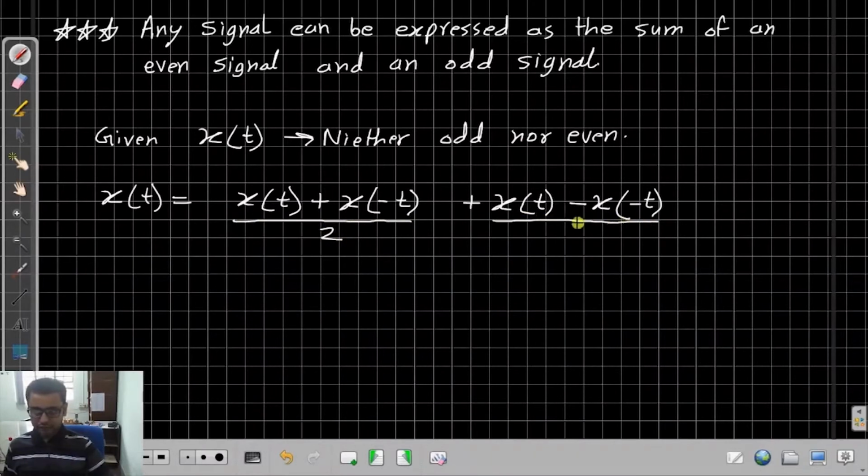You can verify that the right hand side is the same as the left hand side, x of t.